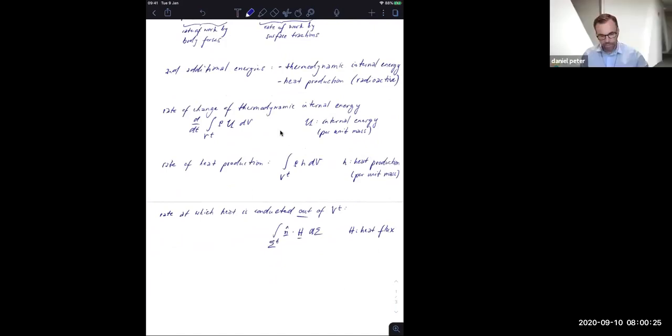Think of a surface, and then we have a heat flux that goes out of that, transports heat away.